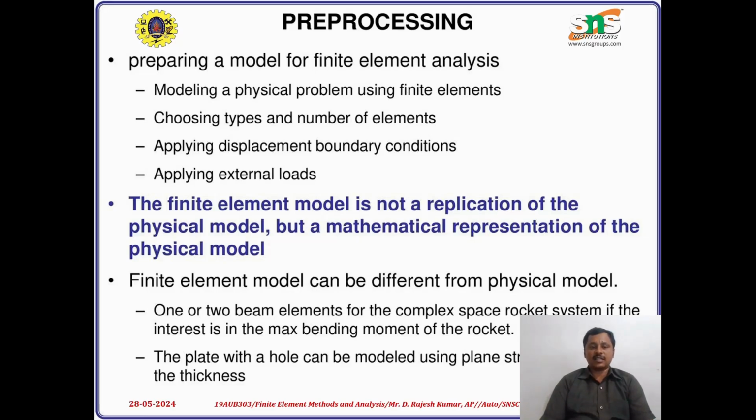All of these are considered in preparing the model for the finite element analysis. Then we apply the boundary conditions, that is, the applied load and where it is acting, whether it is a thermal load or a force or whatever it is. That is determined in the pre-processing stage.